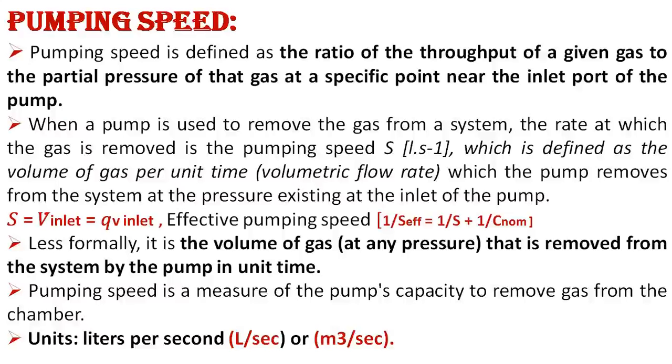The effective pumping speed is given by 1 upon S effective is equal to 1 upon S plus 1 upon C. Less formally, it is the volume of gas at any pressure that is removed from the system by the pump in unit time. So pumping speed is the measure of the pump's capacity to remove gas from the chamber.